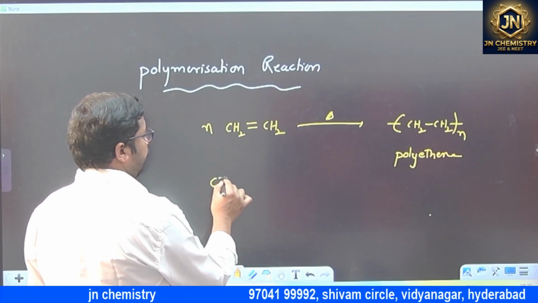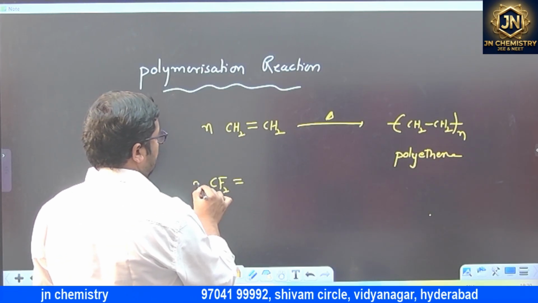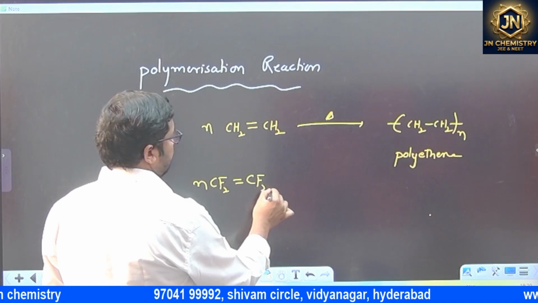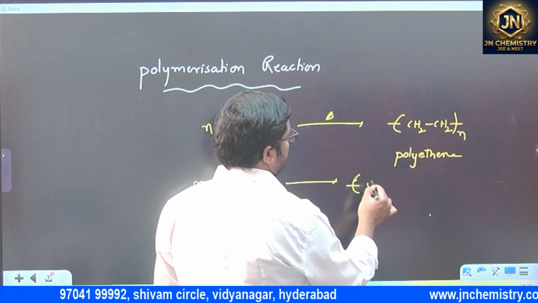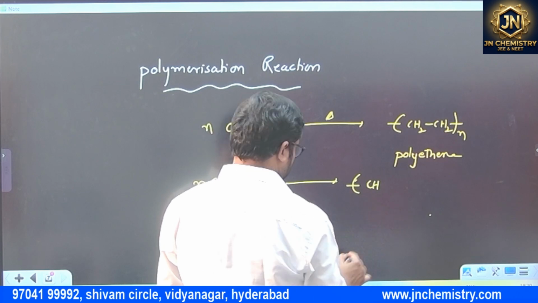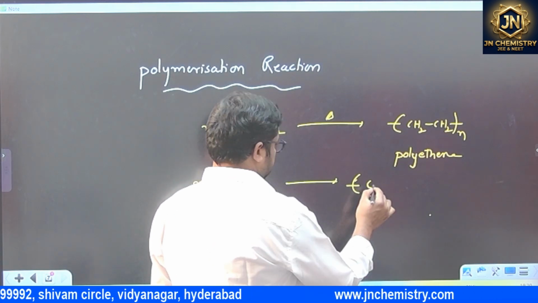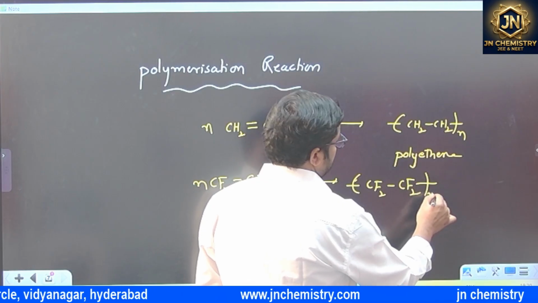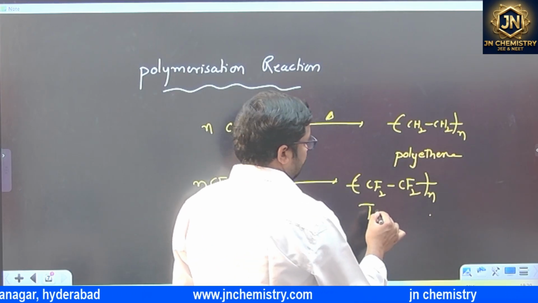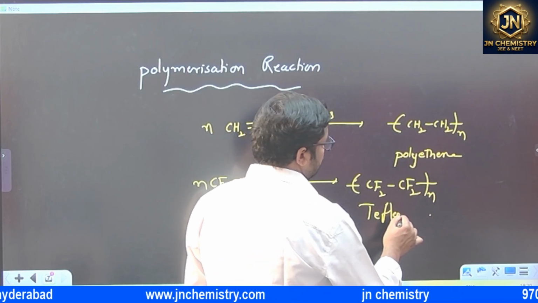For example, Teflon, no? CF2=CF2, tetrafluoroethene. This is Teflon.